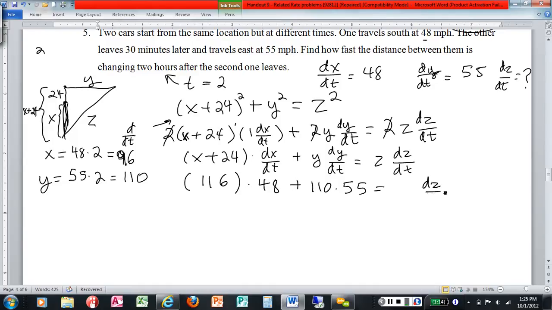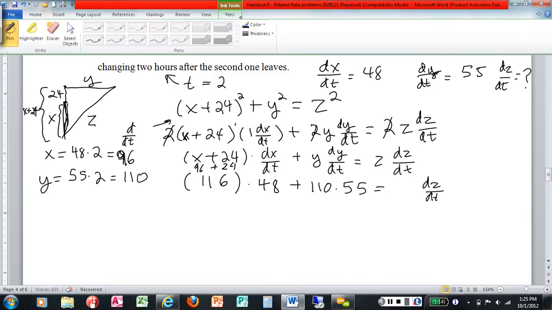Which only leaves the little matter of z. How do we get z? Back to the Pythagorean Theorem, right? Because again, if x is 96, then this side here is, what have we got? What do we say, 116? No, I messed that up, didn't I? 96 plus 24 is not 116, it's 120. Sorry about that.